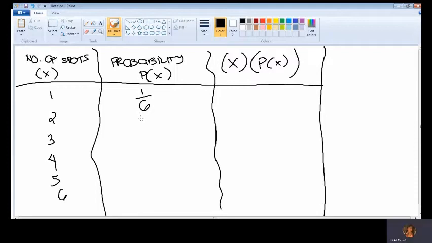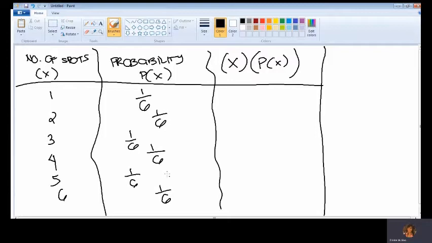Number 2, the probability of 2 spots is 1 over 6 as well. For the third, it's 1 over 6 as well. That will be 1 over 6 because every spot is unique from each other.